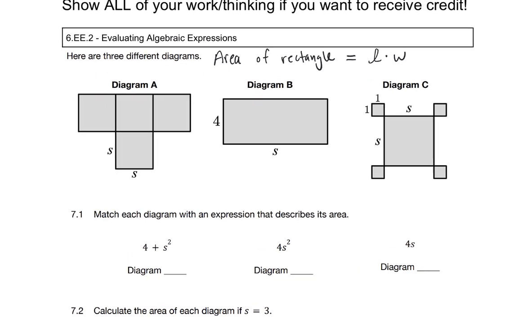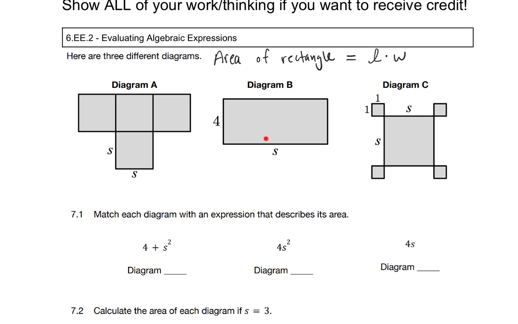It gave you 3 diagrams, and they're all composite figures except this one. This is just a rectangle, diagram B, with a length of S, some side length, and a width of 4.